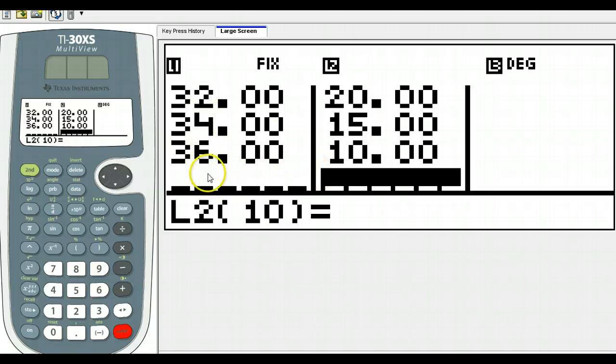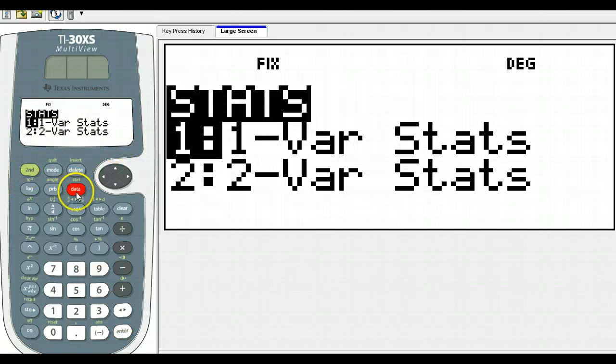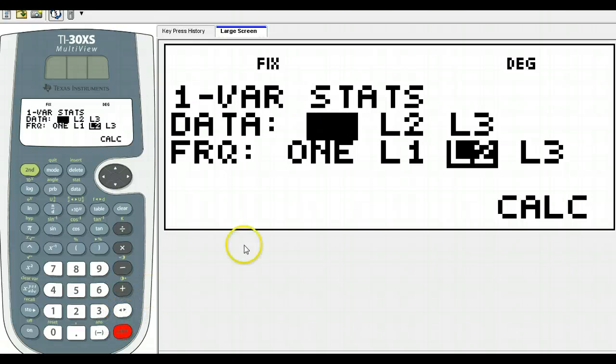So here we have our data in list 1 and the number of times they're repeated, the frequency, in list 2. So hit second, data. Choose one variable, statistics. If you reset your calculator or anything, you will have to make sure that the frequency is not set at 1.